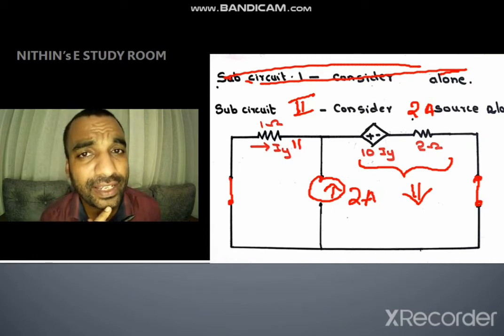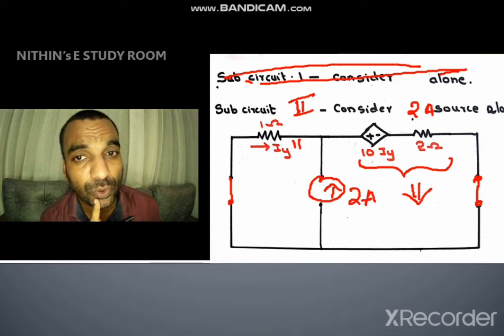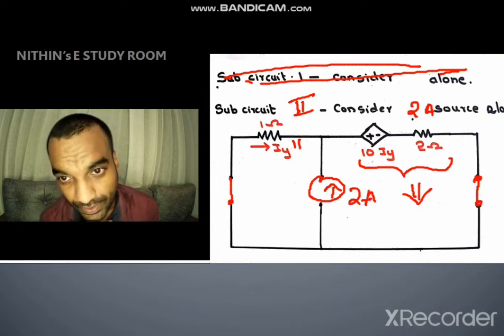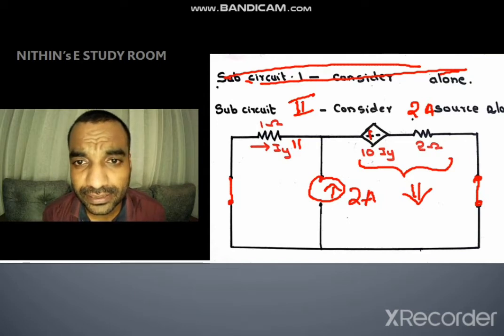So 10 IY is a dependent voltage source. If you are transforming a dependent voltage source, you will get a dependent current source. You should be very careful about that. And also you have to be careful about the direction of current. This is the plus, so you have to assume that the current direction from this source should be like this.